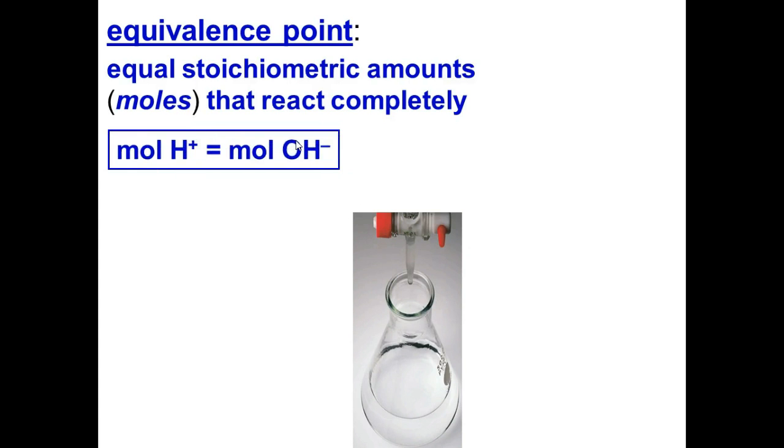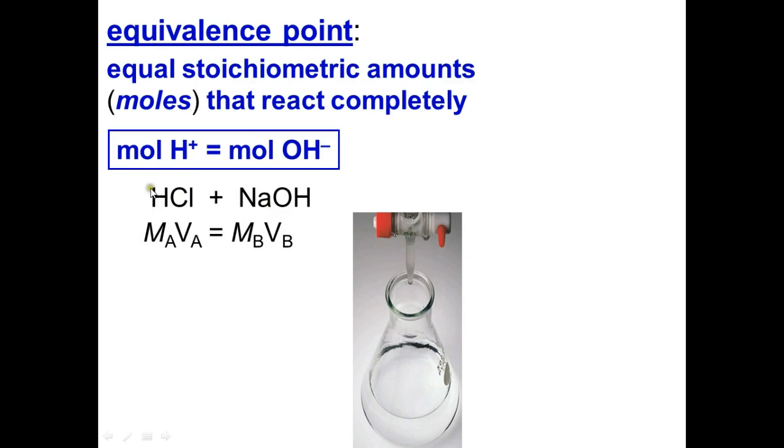So the moles of H plus and moles of OH are exactly the same. Hence, equivalence point. And so here are some chemical equations. We're going to have three, and we're going to see if moles of H and moles of OH are equal using subscripts and coefficients.